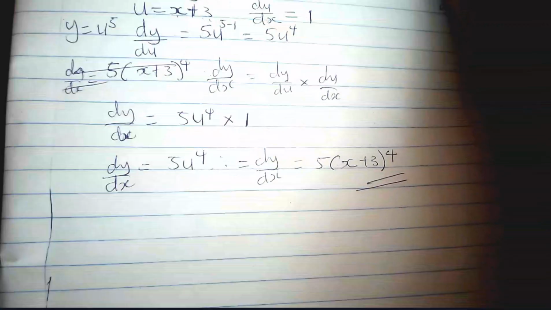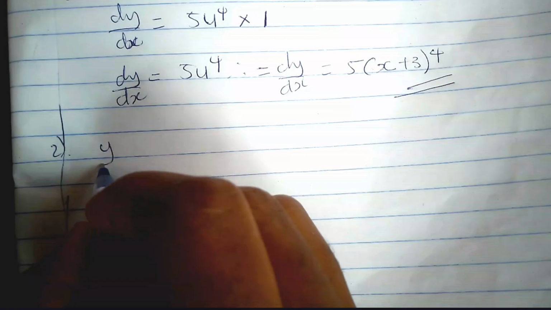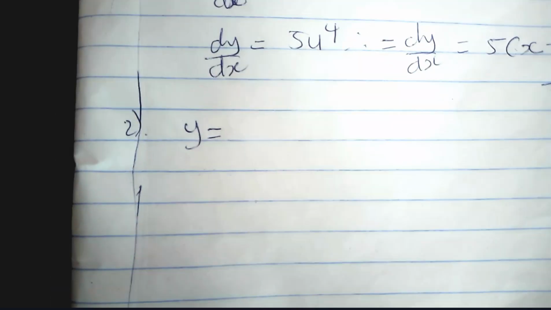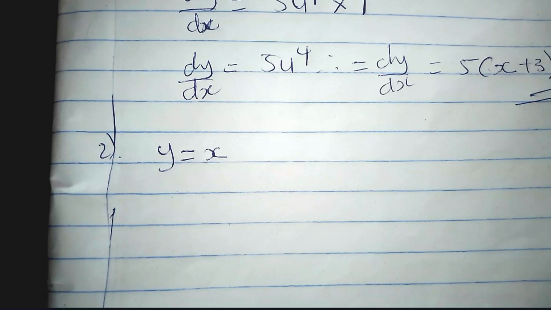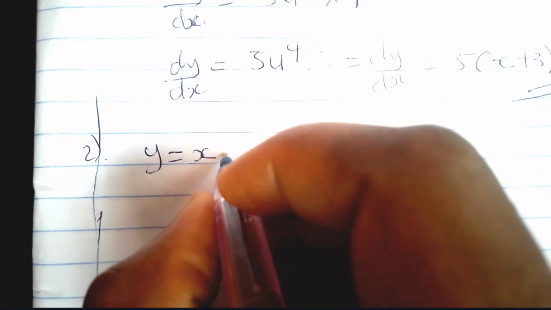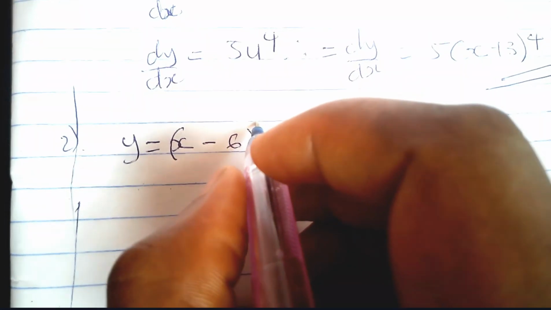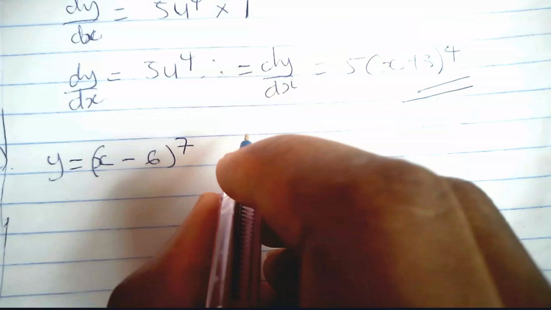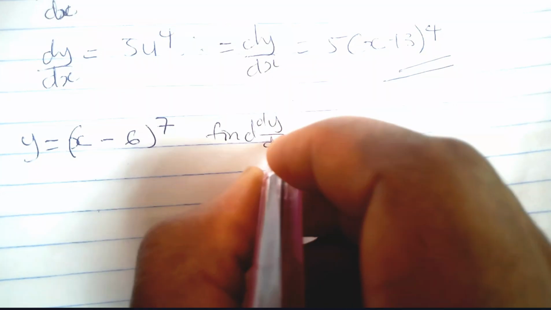So let's try another question before we go. If y is equal to (x minus 6) raised to power 7, find dy/dx.